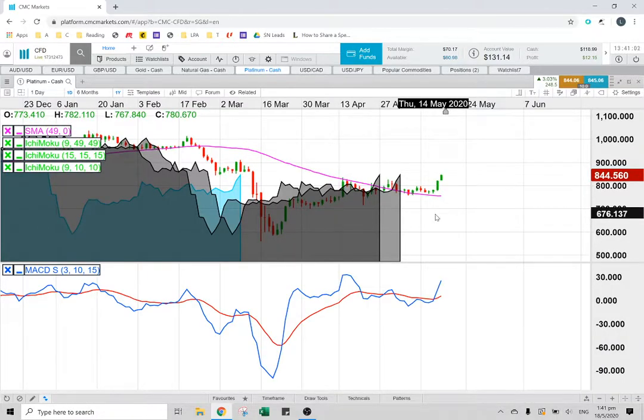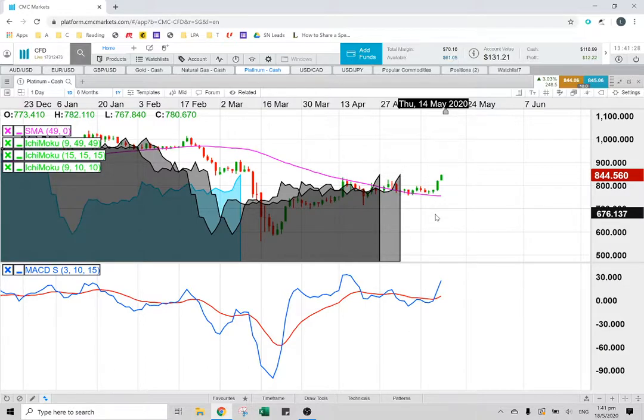So the next one is platinum. Platinum is in a downtrend, but we are looking at it to become flatter and flatter, to the point where over the next 2, 3, 4 days we are looking for it to turn up, and price has started to move upwards. So definitely could look to buy, given these past 2 up days.